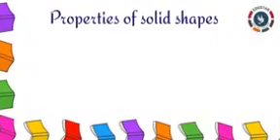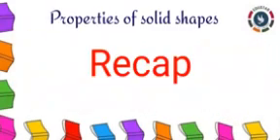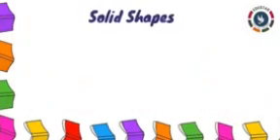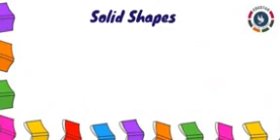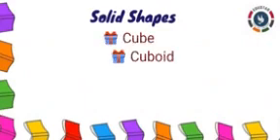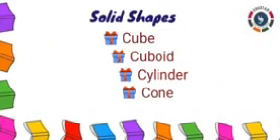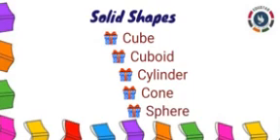In the previous session, we discussed the properties of solid shapes. Do you remember that? Let's recap. Solid shapes are objects that occupy space. Cube, cuboid, cylinder, cone, and sphere are solid shapes.